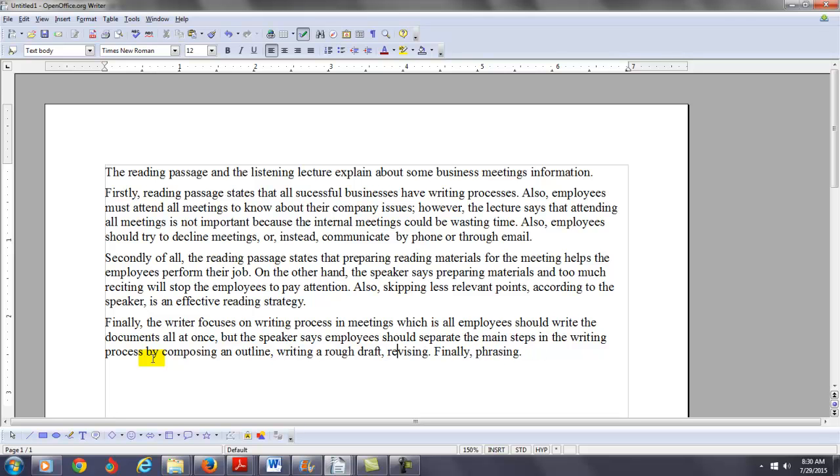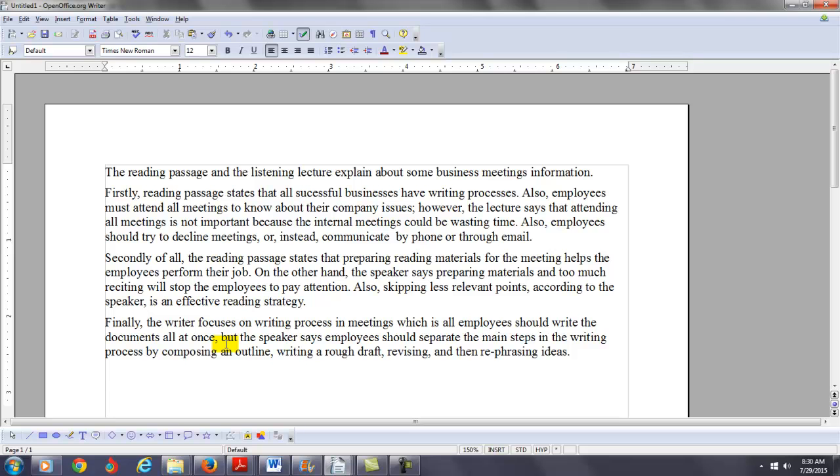Then you can put revising, and then something like this. So now we've solved all of your sentence structure problems there.